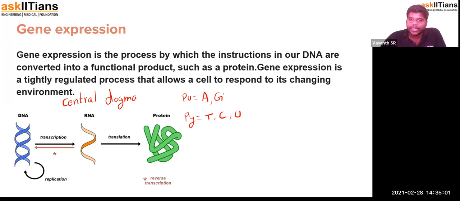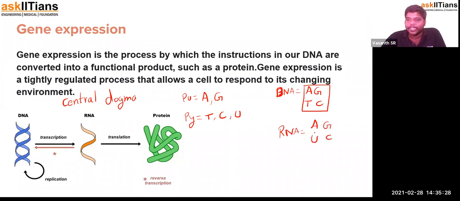In the case of DNA, it is adenine, guanine, thymine, and cytosine. So these are the four nucleotide bases that are available. But for RNA, it is adenine, guanine, uracil, and cytosine.